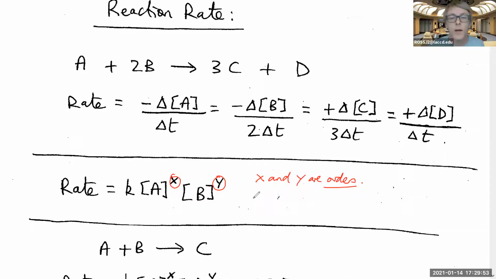We would say it's order x in A. We would say it's order y in B. And we would say overall, it's order x plus y. So overall, this chemical expression is order x plus y.